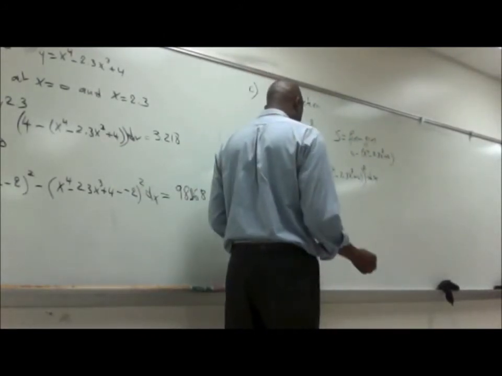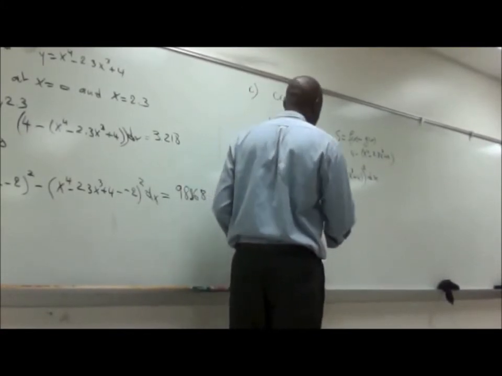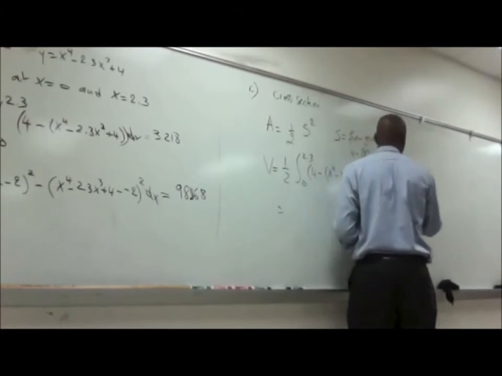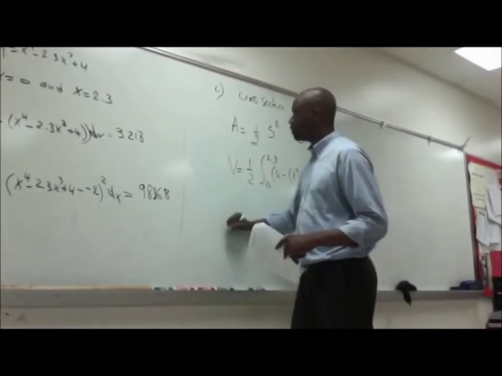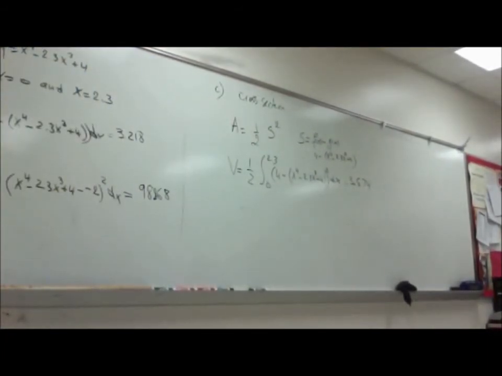That gives 3.574. You see how easy and quick? That's an easy 9 points.